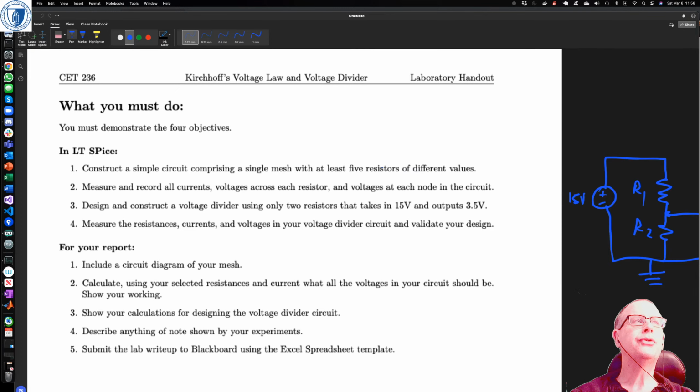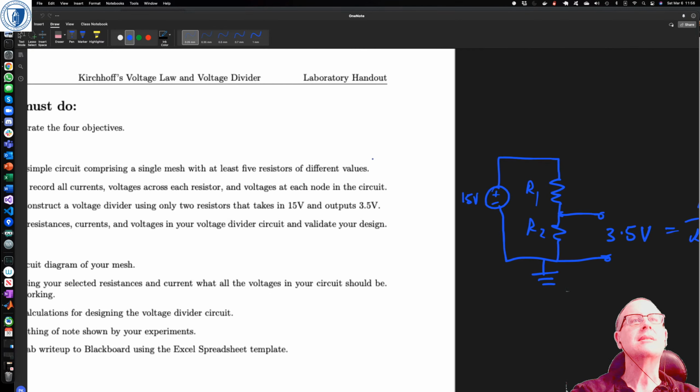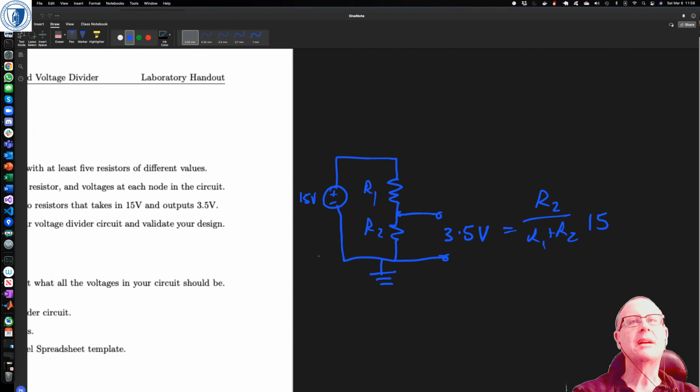For part 1, it says construct a simple circuit of 5 resistors, and then on number 3, design and construct a voltage divider. Are those going to be 2 separate circuits that we're going to screenshot and submit? That's correct. So let me walk through what I'm expecting to see for part 3.